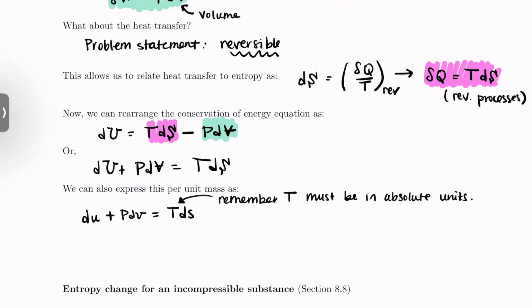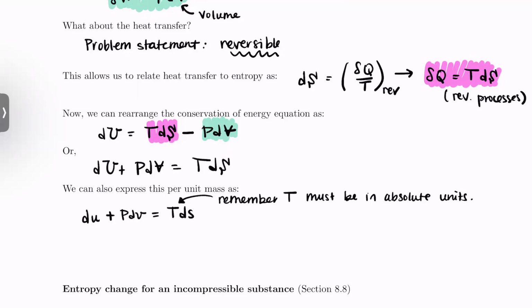If you're conscientious about units and keep your units in your equations, you'll notice that specific entropy is always in per Kelvin. So you know that for the units to work out, T also has to be in Kelvin, right? I personally hate having to memorize things, so that is how you don't have to memorize that. Just always be careful with your units. Okay.